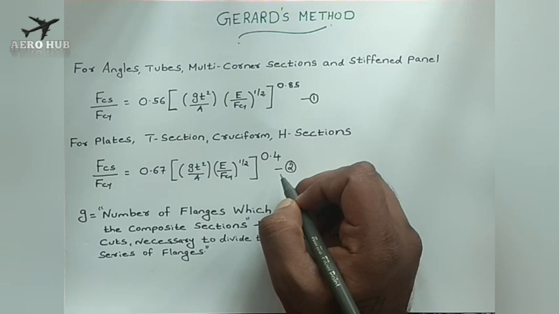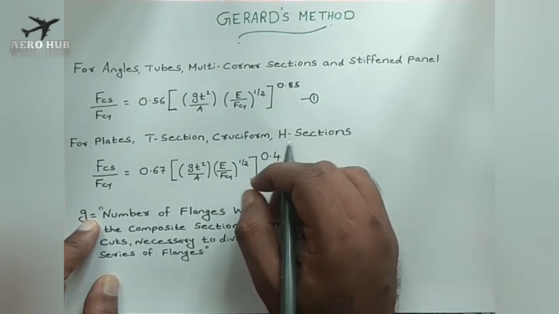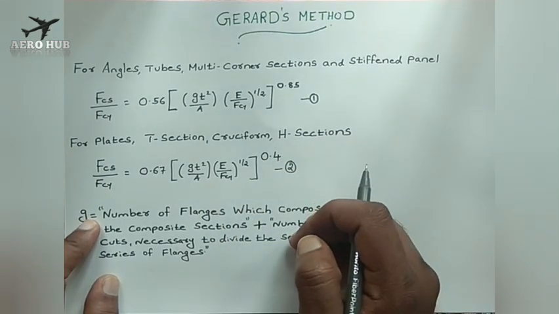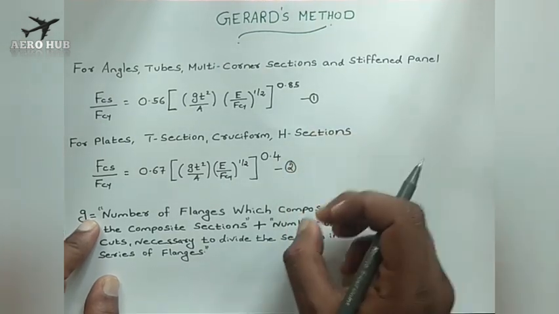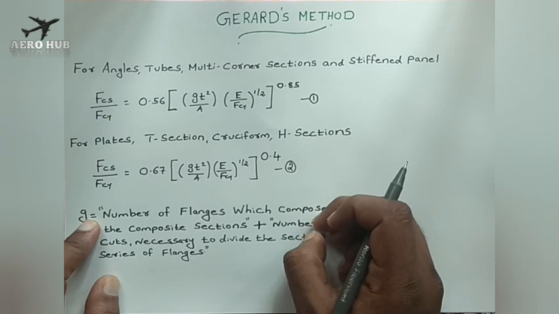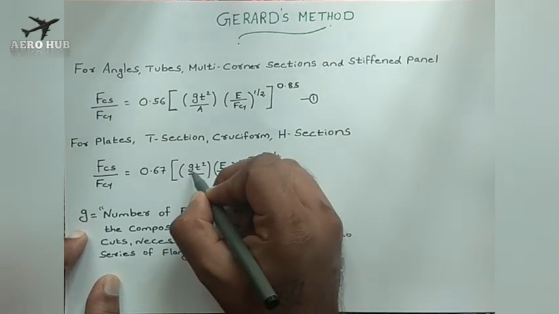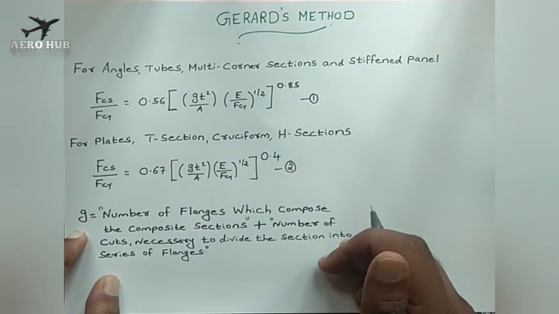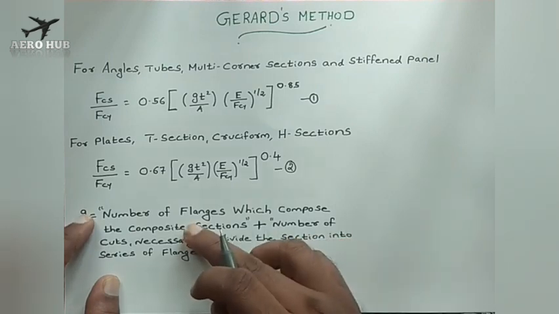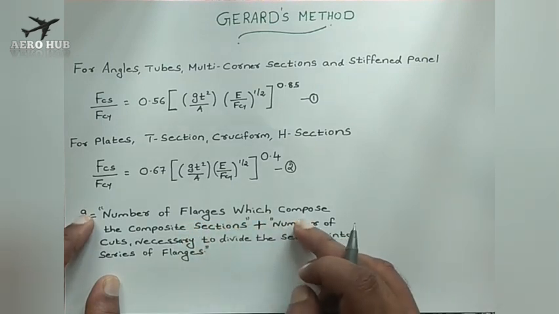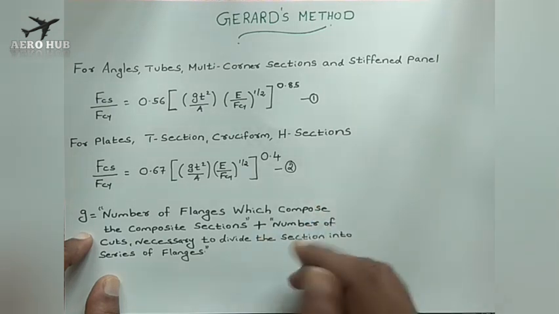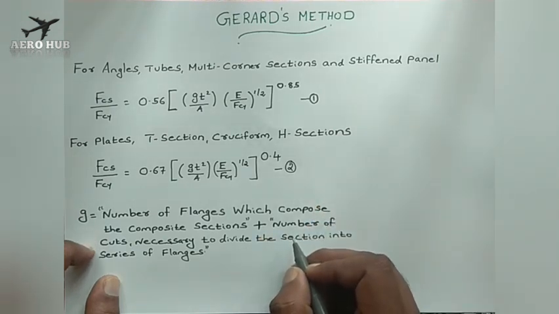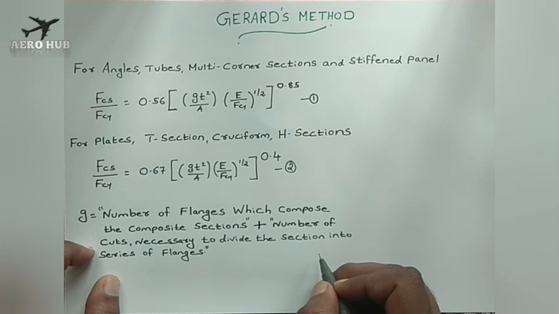So we have the term GT square, and these are the two formulas applicable for airframe sections. We have a term G in both equation 1 and equation 2. G is the number of flanges which compose the section plus the number of cuts necessary to divide the section into a series of flanges.